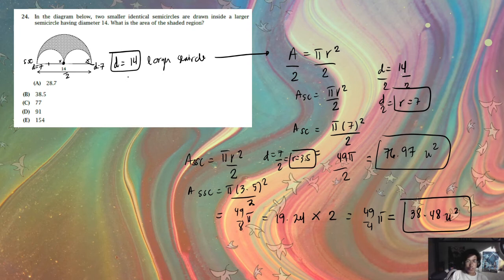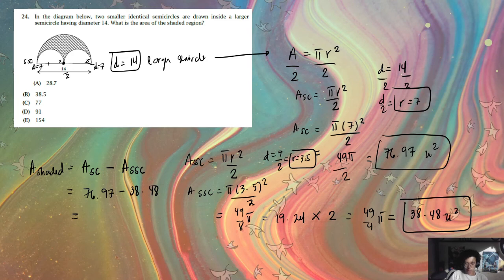Now, since we want to find the area of the shaded region, we can get the area of the big semicircle minus the area of the two small semicircles. So this is going to give us 76.97 minus 38.48. What's 76.97 minus 38.48?